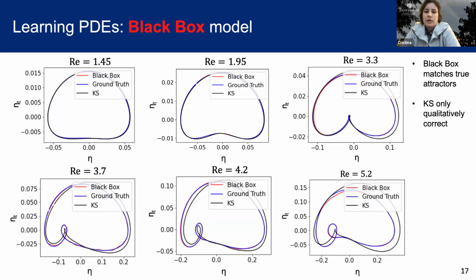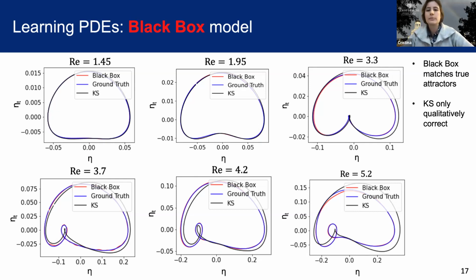And here are the results from our model. Here are the attractors from integrating the learned PDE compared to the ground truth Navier-Stokes high fidelity data for some values of the Reynolds number. And we can see that the match is actually very good.